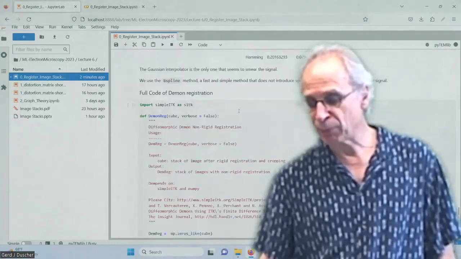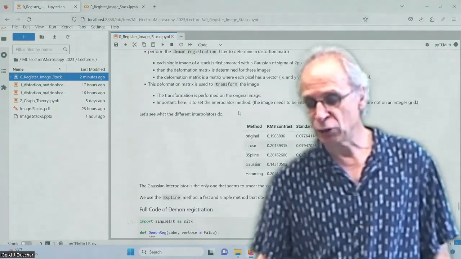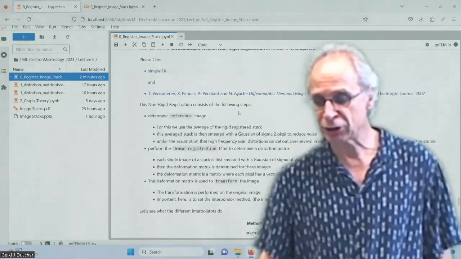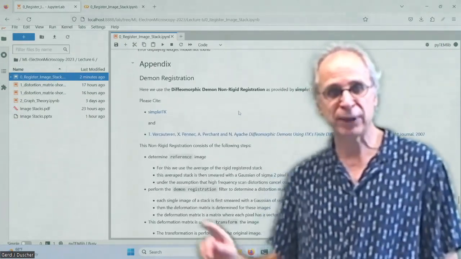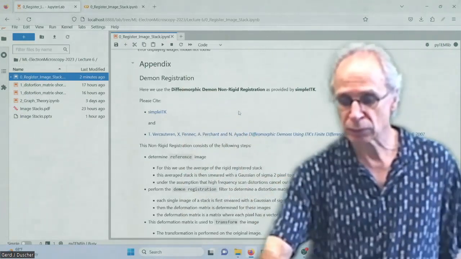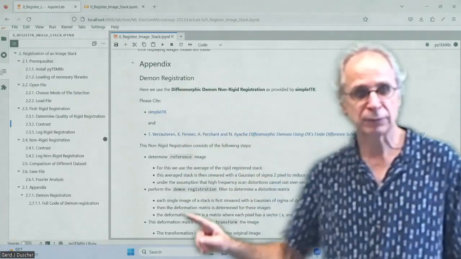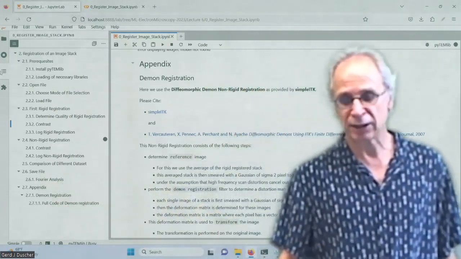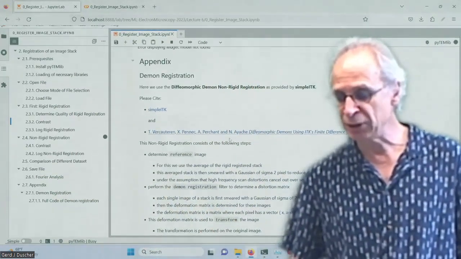There are different functions that you can use with this daemon registration. So here, if you go to the appendix, while doing that, we can go through that a little bit. So we do a daemon registration.